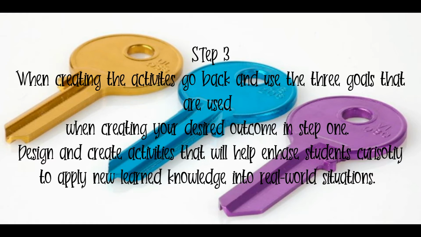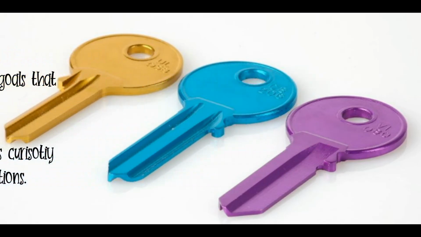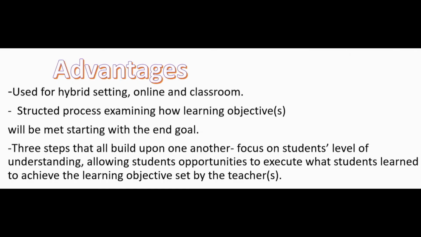And if you use these 3 steps from stage 1 to stage 3, your desired outcome can be achievable. So what are the advantages of the backwards design model? Well, an advantage is that it can be used online or in the classroom.